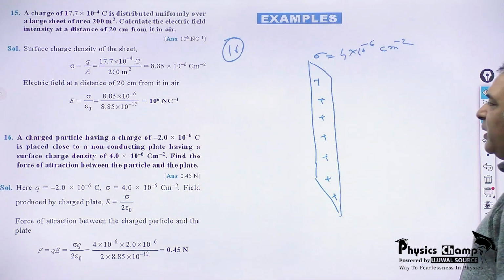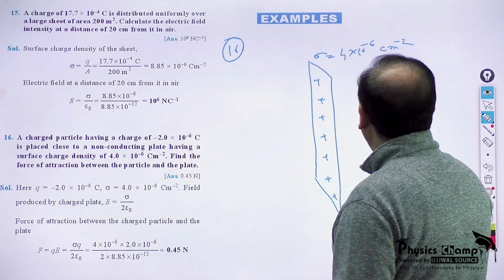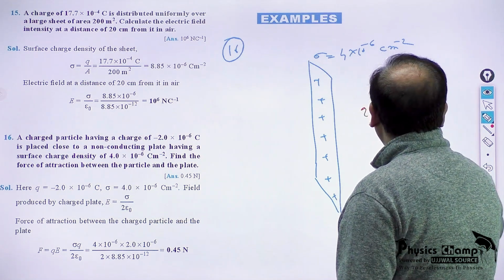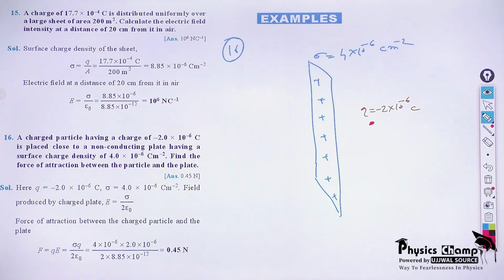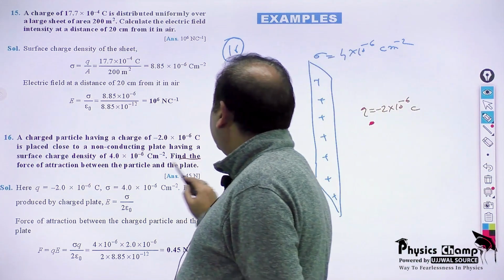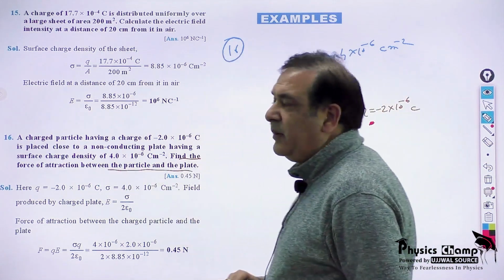And I am keeping a charge here with a value minus 2 into 10 to the power minus 6 coulomb. Find the force of attraction between the particle and the plate.